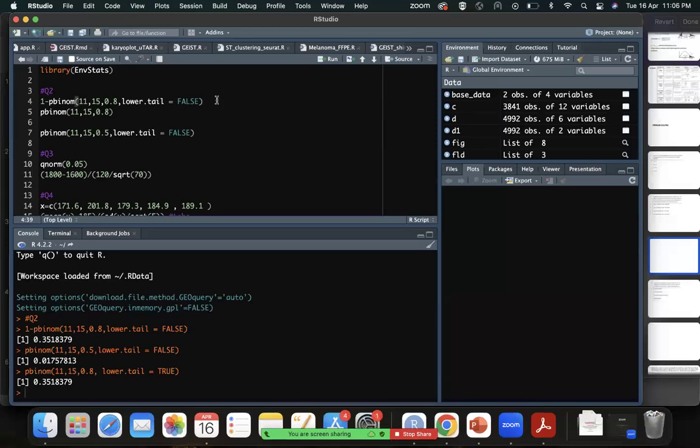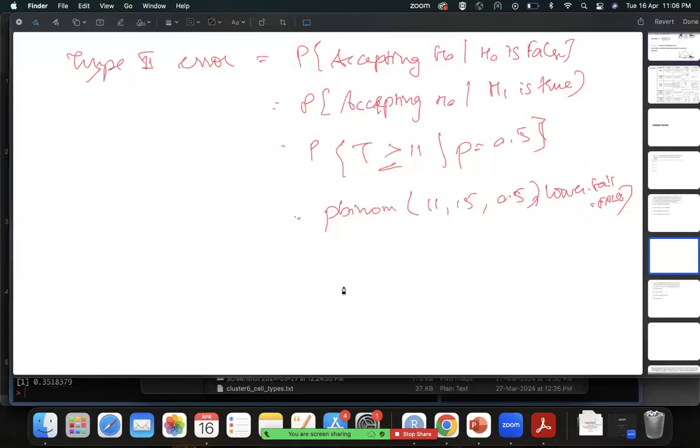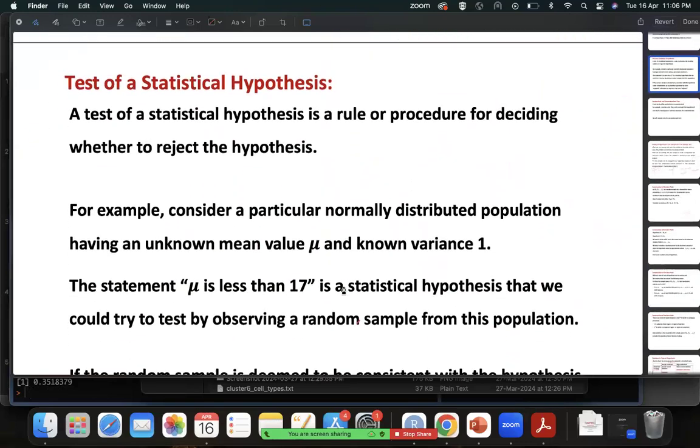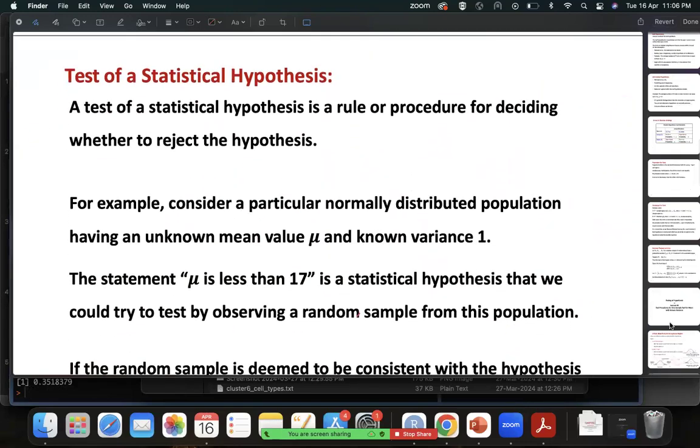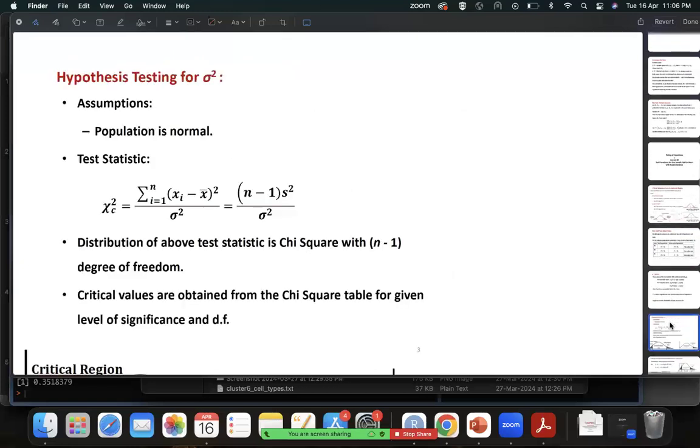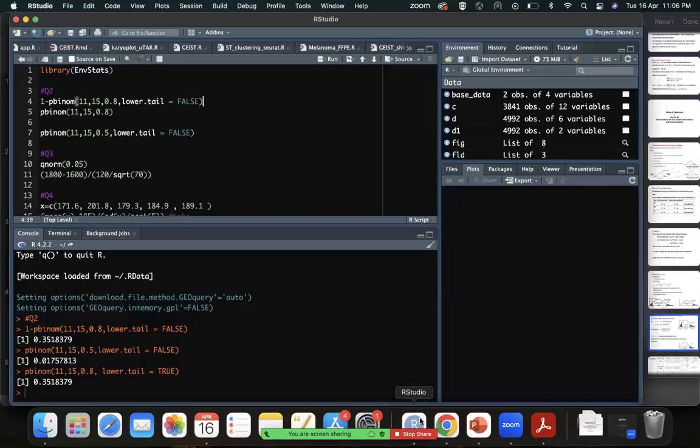Is the value 1 minus pbinom with lower.tail equal to TRUE equal to pbinom with lower.tail equal to FALSE?